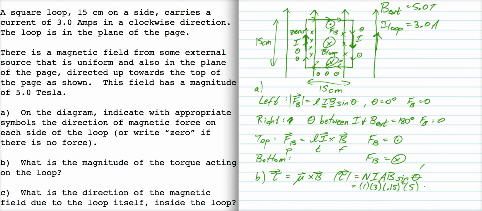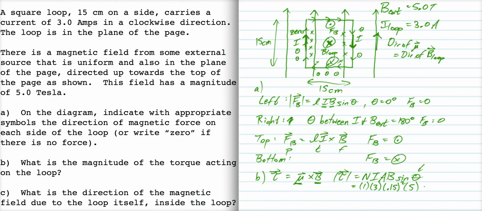Now, this angle theta is the angle between the magnetic moment and the external magnetic field. Well, the direction of the magnetic moment is equal to the direction of the magnetic field generated by the loop itself. And they're 90 degrees apart because the magnetic field of the loop points into the page and the external magnetic field points up in the plane of the page.